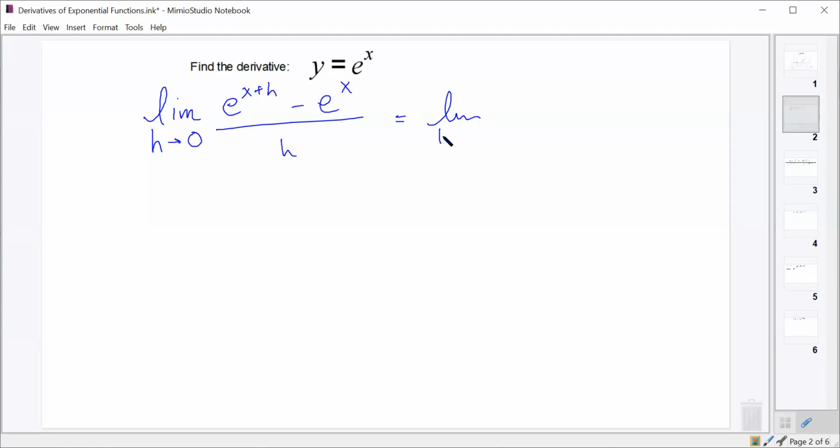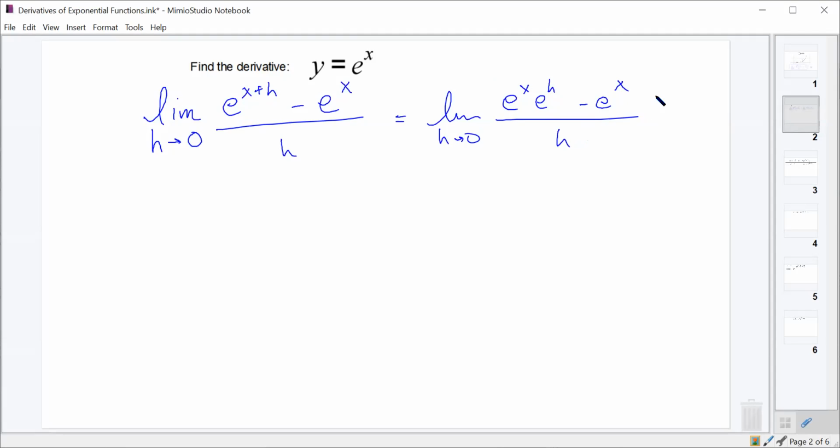That's a great idea. Let's do that. Based on exponent rules, right? If I have e to a plus b, that's the same as e to the a times e to the b, right? If you're multiplying with the same base, then you add the exponents.